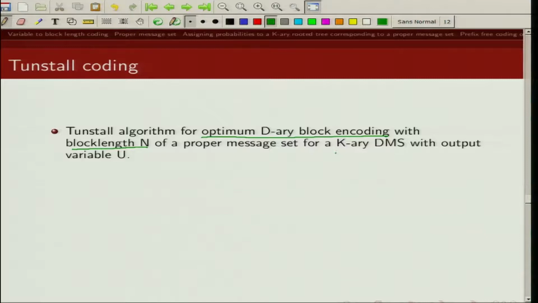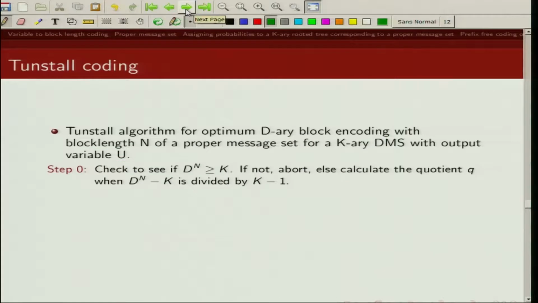We have a discrete memoryless source which emits these random variables U, so U1, U2, Uk, that is what it is emitting. First thing that we need to do is check if D raised to power n is greater than or equal to K. If it is not, we cannot find a code for that.